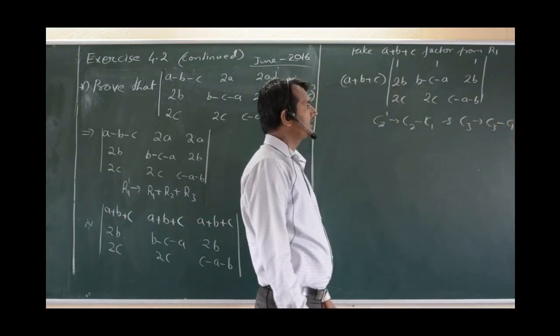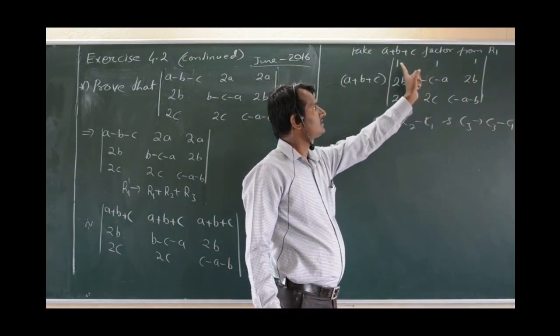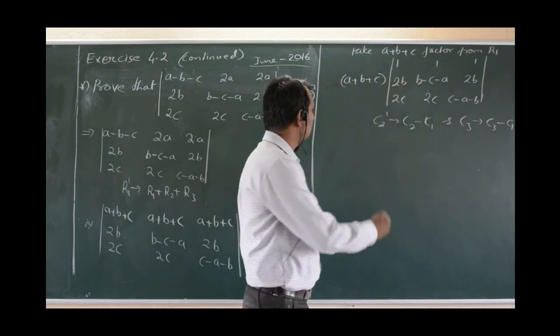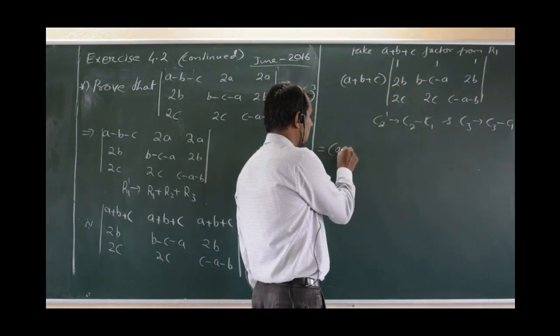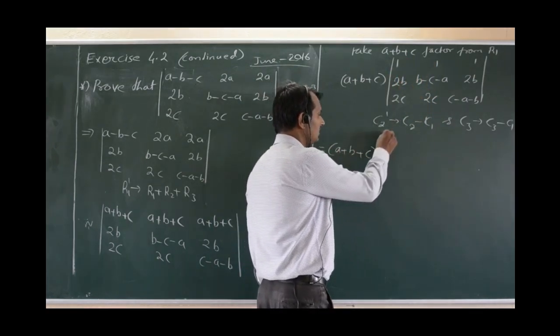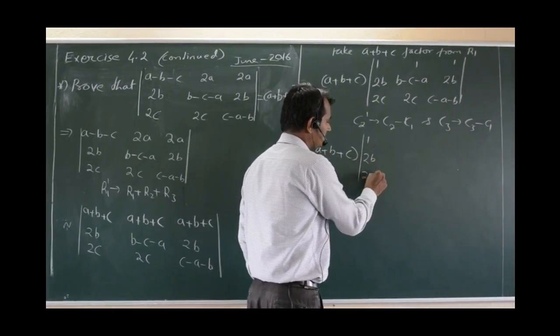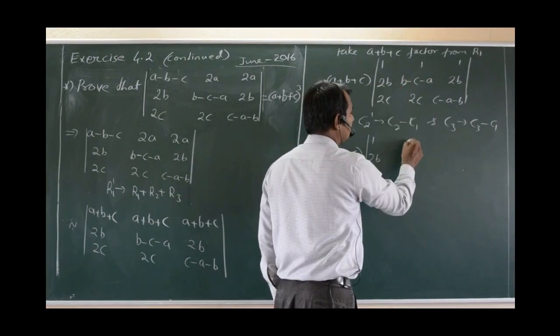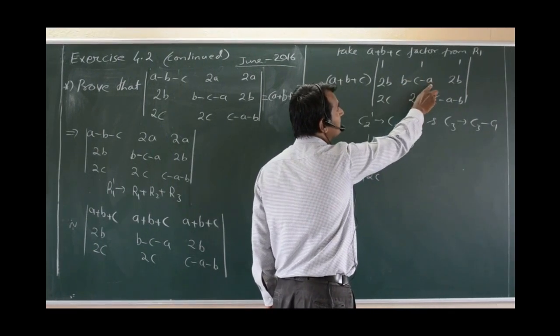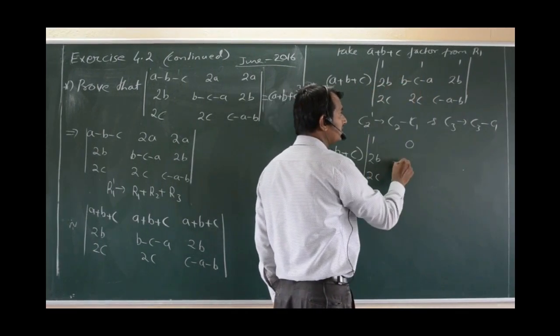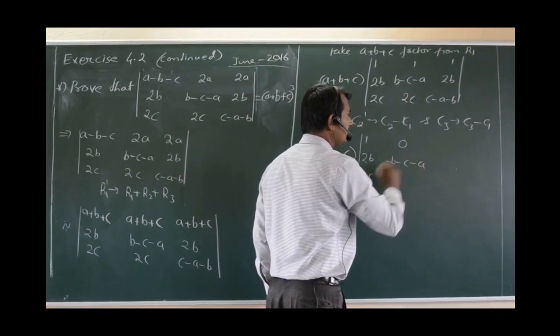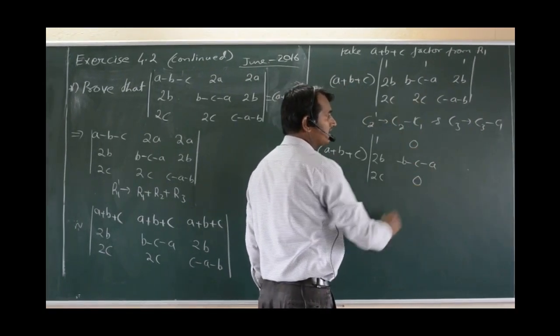That means, we can observe that 1 minus 1 is 0. So we get a plus b plus c into the determinant with first row 1, 0, 0. Second row: 2b, then b minus c minus a minus 2b, that is minus b minus c minus a, and 2c minus 2c, we get 0.